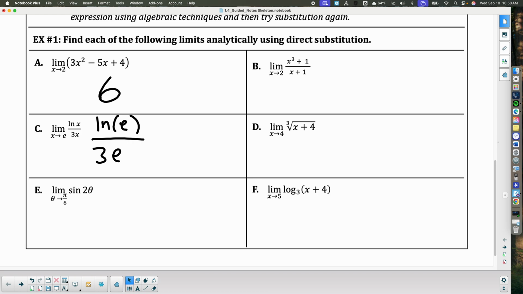So log base e of e means e to what power would be e to the first? 1. So ln of e will always be 1. And then the final answer is 1 over 3e, because there is no simplifying past that.